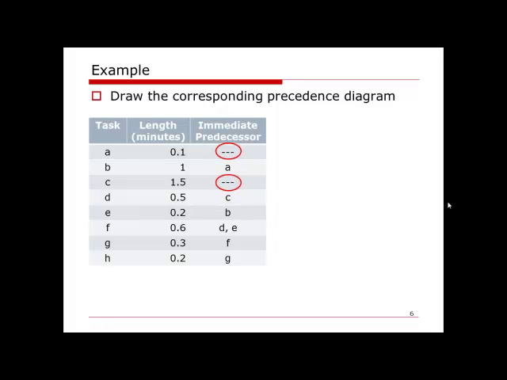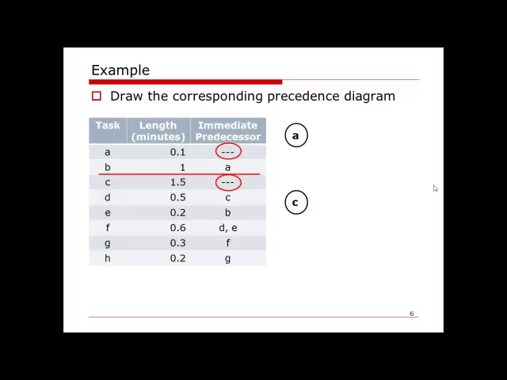You can start working on these tasks immediately. So we start with these two tasks, A and C. Both of them have no immediate predecessor. We start with these two.